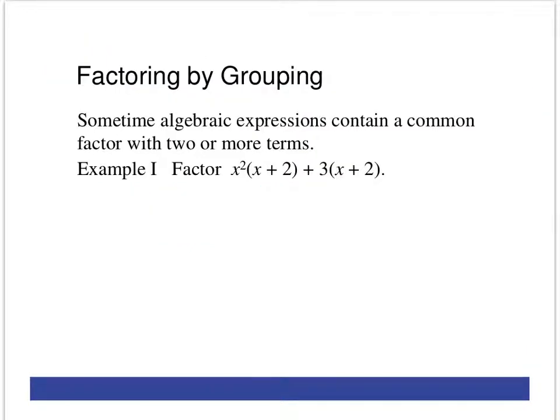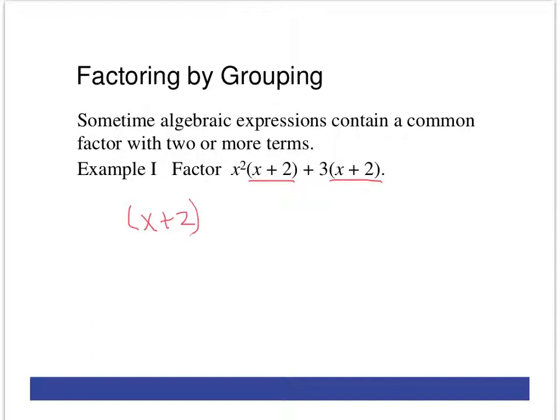Now, factoring by grouping, sometimes algebraic expressions contain a common factor with 2 or more terms. For example, if we were to factor x squared times x plus 2 plus 3 times x plus 2, remember, if you look, these are common in both of those. So it's a common binomial, so we can write that down one time.